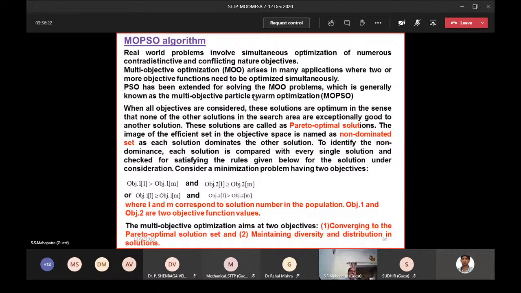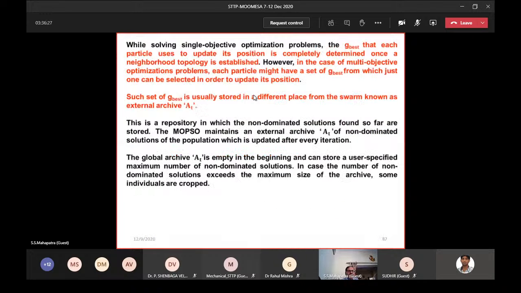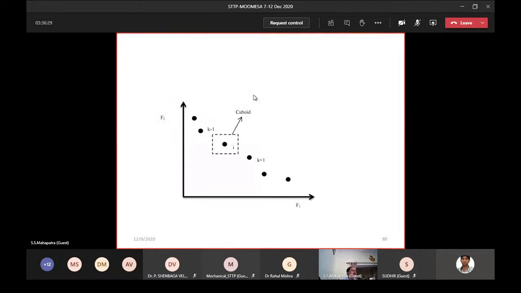Now, in multi-objective optimization, the example is given for particle swarm optimization. It is similar to the particle swarm optimization. The only thing is, in particle swarm optimization you use the G best solution, that is the global best solution. For finding the global best solution, we keep the non-dominated solutions in another archive, known as the external archive.